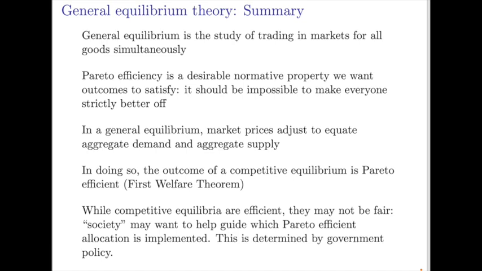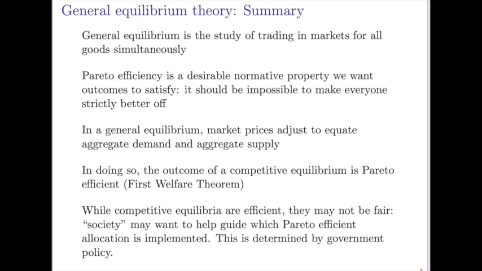So we used a different criterion for efficiency, and we defined it as Pareto efficiency, which is the statement that an allocation is efficient if it's impossible to make everyone better off. Or stated a little bit differently, but equivalently in this context, that it should be impossible to make someone better off without making another person worse off.